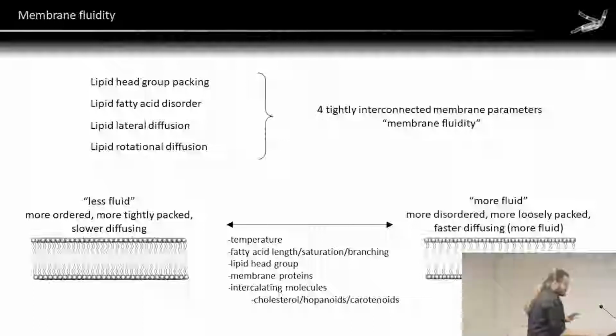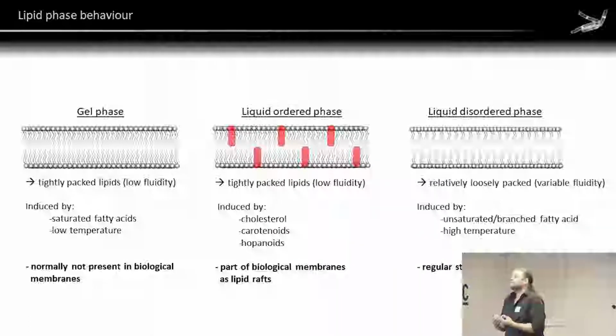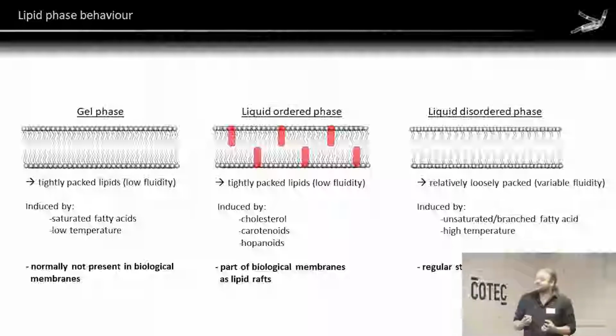So this by itself is important when we understand lipid domain formation, but the other phenomenon is lipid phase behavior. In addition to showing different fluidities, membranes can also adopt different types of configurations where the transition from one to another is quite abrupt.